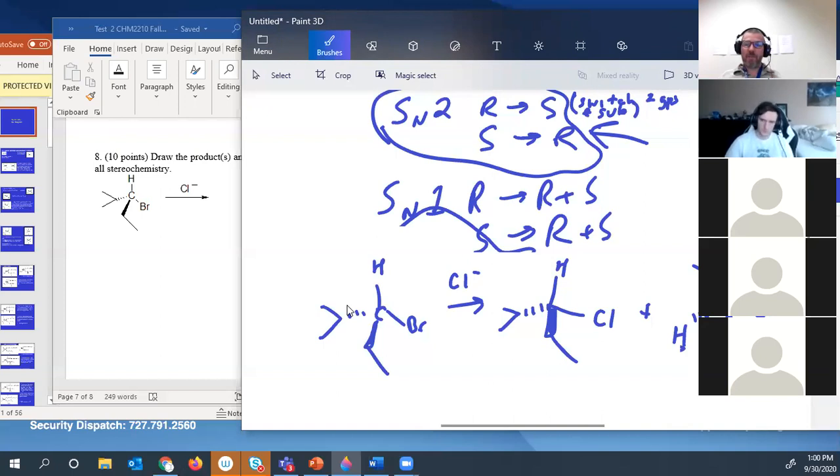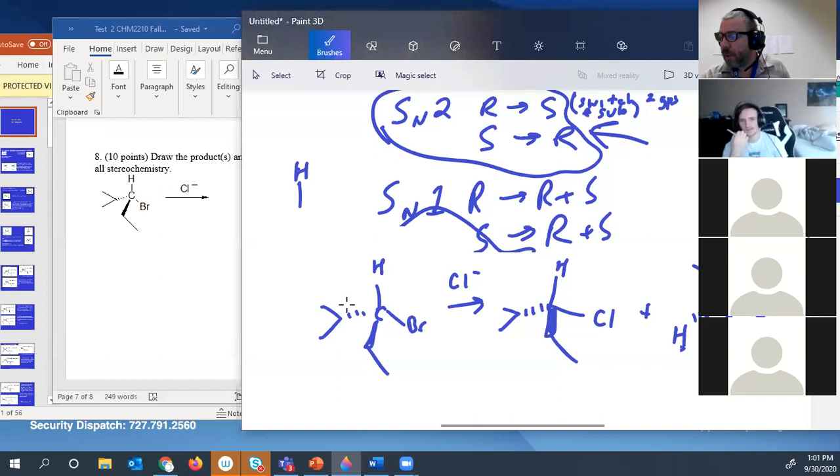So I have a question. It looks to me here like we're getting something from nothing. Where is this second molecule coming from? Well, I'd have to go back to the initial explanation that we did on Monday for this. And the idea is that the bromine comes off and we end up getting this planar carbocation, which I'll draw here.